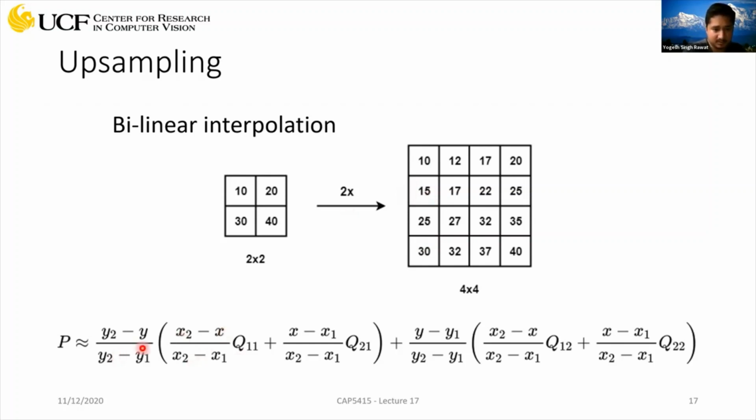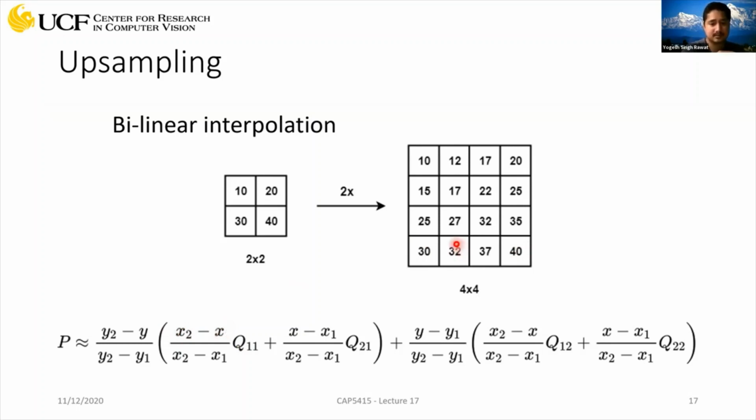So just ignore this first term and also ignore the second term. Just look at this. In this one, this is just in the X direction, right? So let's say this is the X direction and X1 is this first location, X2 is the second location, and X is the target location for which you want to find the value.